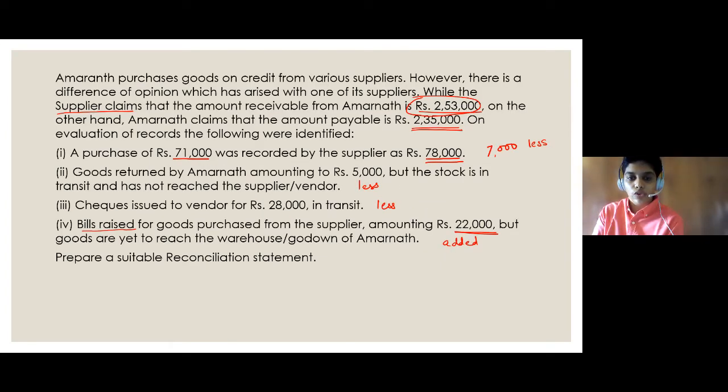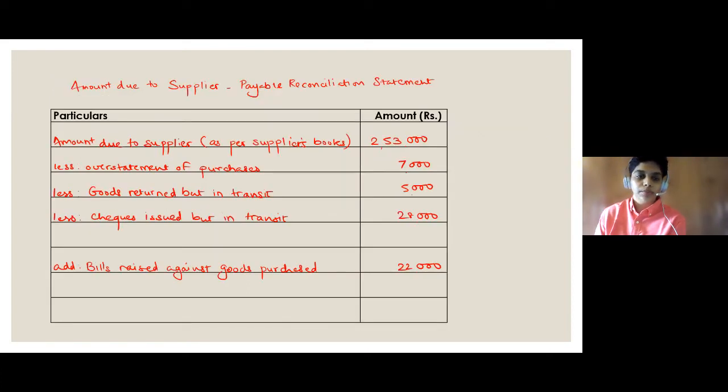We have given an effect for all the items that caused the difference. Now we are going to simply deduct and add the items from the statement. So we have 2,53,000 as a starting balance. Then we have deducted three items, 7,000, 5,000 and 28,000. So a total of 40,000 is being deducted. So the balance that will come after deducting all the items is rupees 2,13,000.